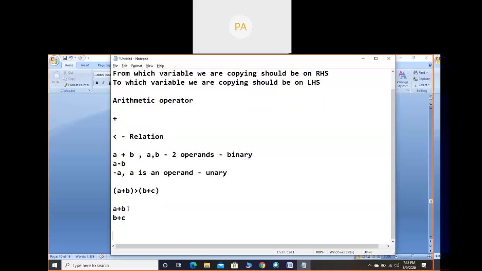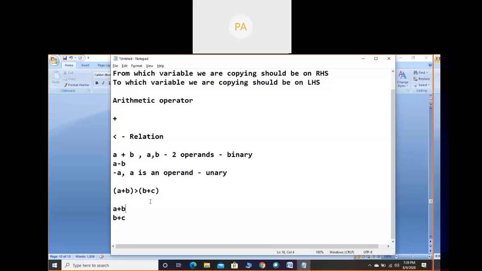If you consider A plus B, A and B are operands and plus is an operator. If you consider B plus C, B and C are operands and plus is an operator. So A plus B has two operands, A and B, then plus becomes a binary operator. Similarly, B plus C has two operands, B and C. If you take out the operators, the remaining things are all operands, so plus is a binary operator.